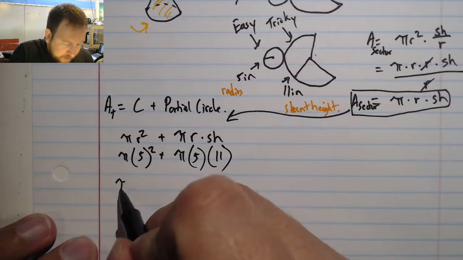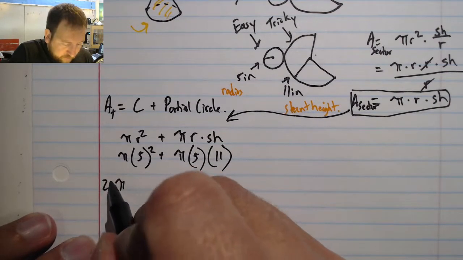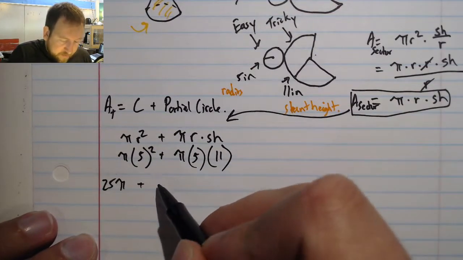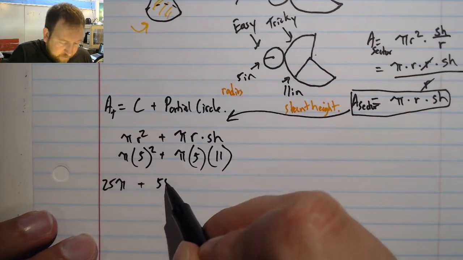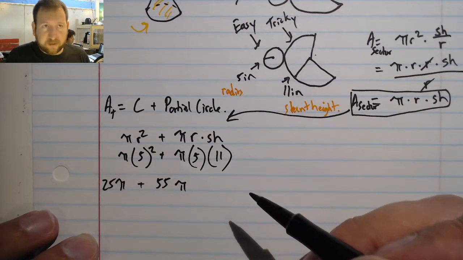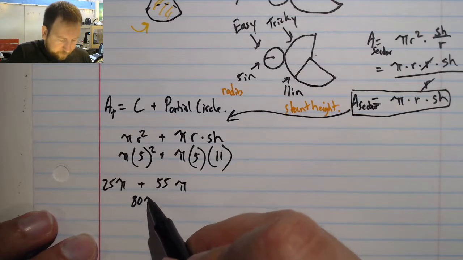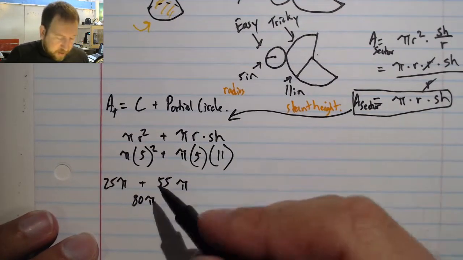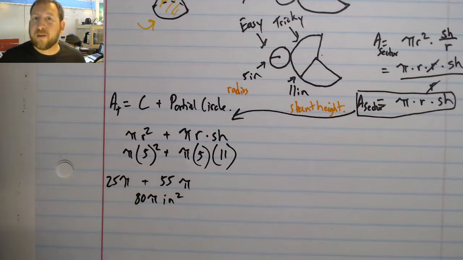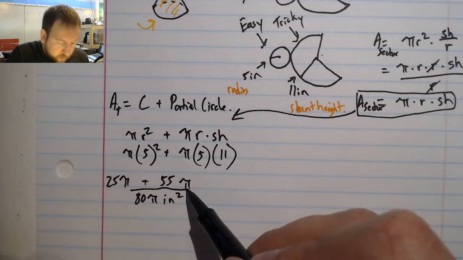So we have 25 pi, 5 squared is 25, plus 5 times 11, that would be 55 pi. 25 and 55 is 80, which gives us 80 pi, and in this case, it would be inches squared. And that's how we're going to use this formula in order to get it.